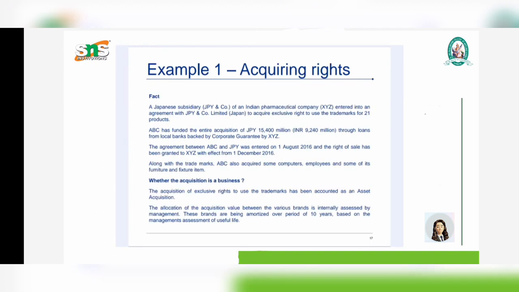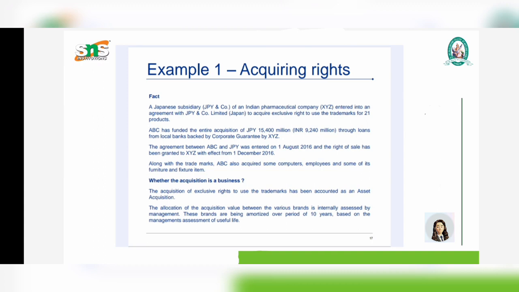Then we can see acquiring rights. Under the example, a Japanese subsidiary of an Indian pharmaceutical company entered into an agreement with Y and Company Limited to acquire the exclusive right to use the trademark for 21 products.